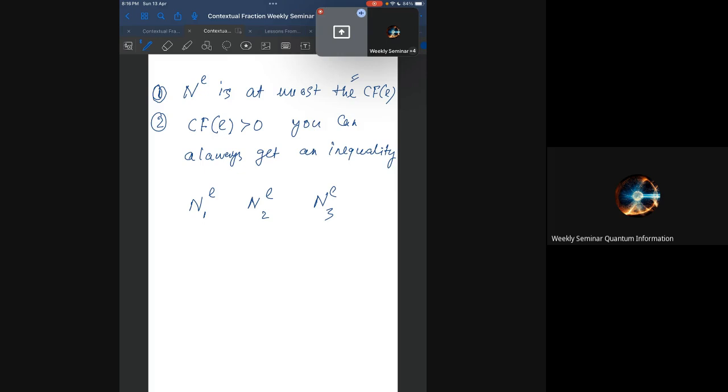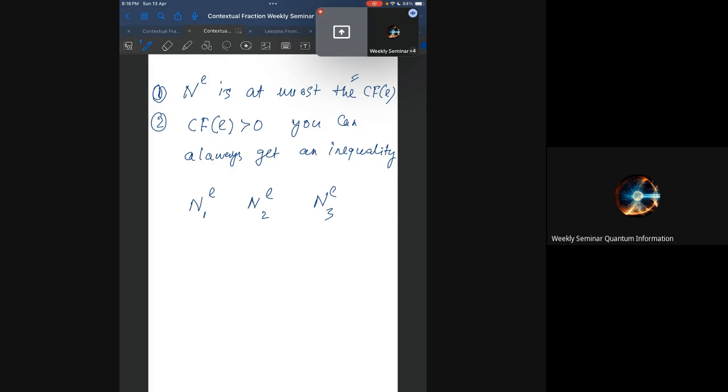So exactly the same kind of thing will happen in the non-locality scenario also, which is known. Actually, the non-locality scenario is a subset of this contextuality scenario. Good. Just another point: in the non-locality scenario, we can talk about the local extreme points.